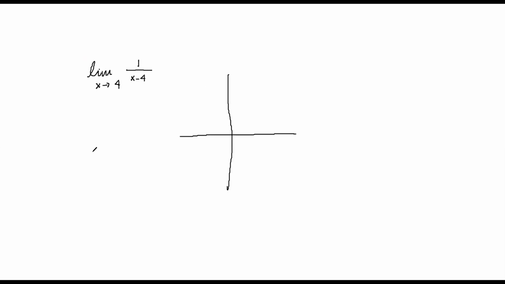Okay. So here's a basic example. We have this function f of x is equal to 1 over x minus 4, right?